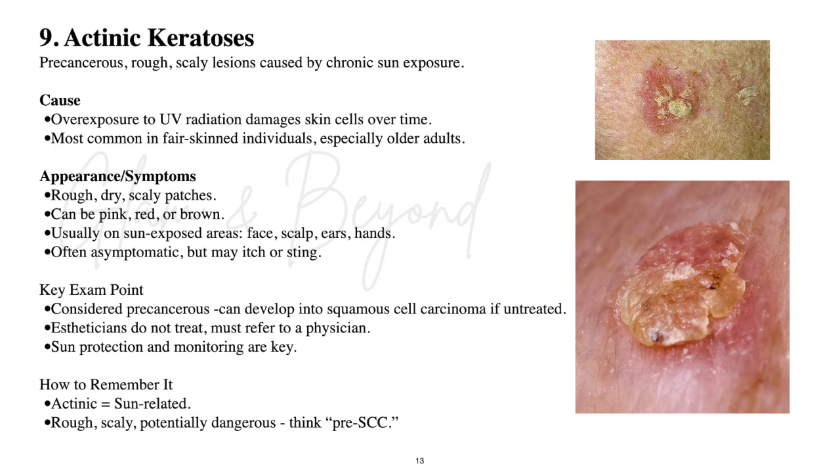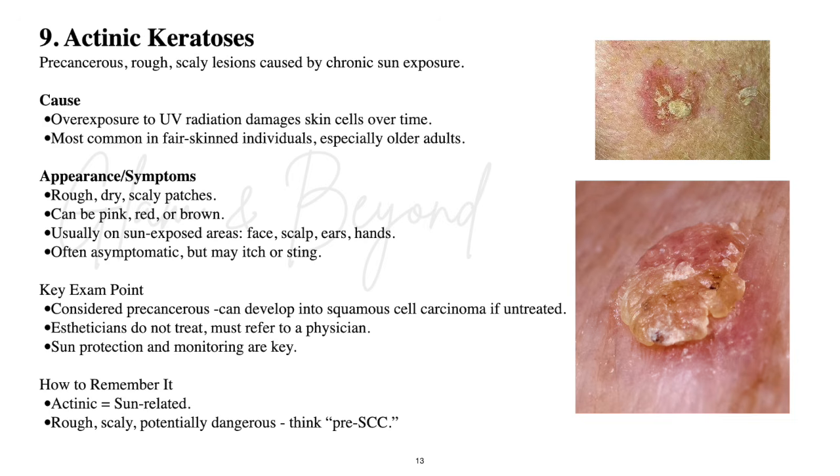Number 9, actinic keratosis. It is a precancerous, rough, scaly lesion caused by chronic sun exposure. Cause: once again, overexposure to UV radiation damages skin cells over time.